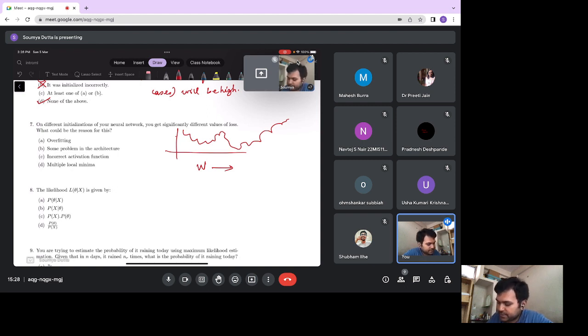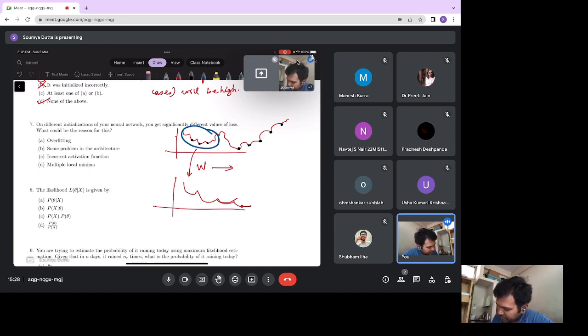If you have such a curve, then you see there are multiple minima lying in this curve, like this is one minima, or multiple local minima. This is probably the global minima, but these are all local minima, right? Now on different initializations, let me draw it in a zoomed out manner like this.